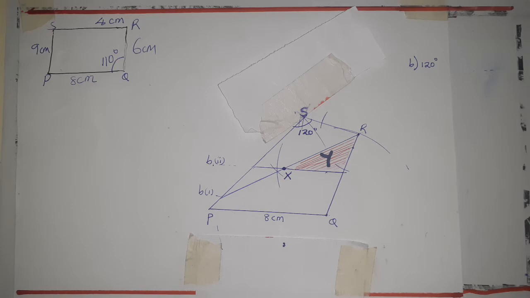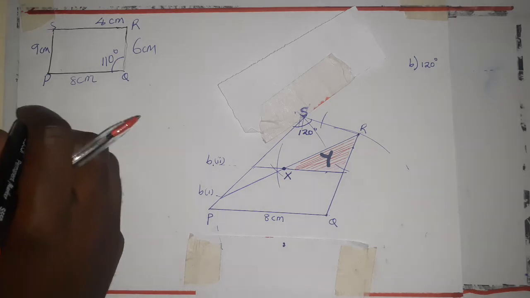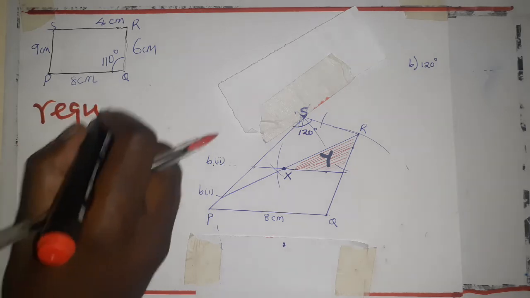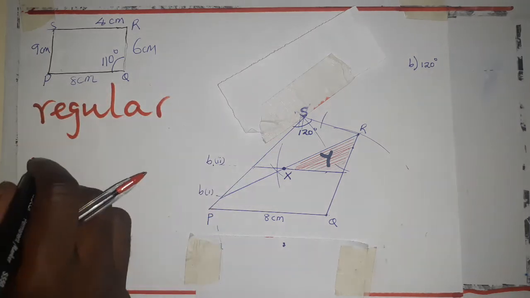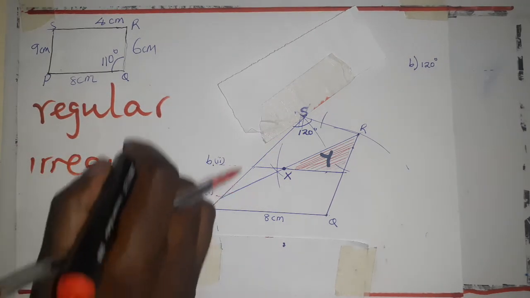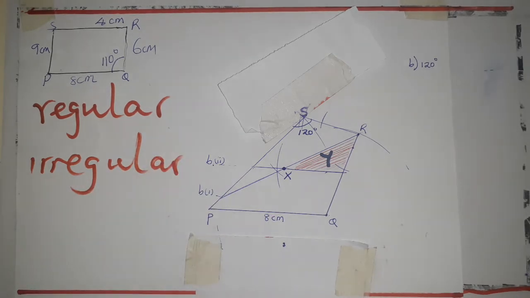Now, these four-sided polygons, there are some that are regular and others that are irregular. So, like this one, it's an irregular quadrilateral.